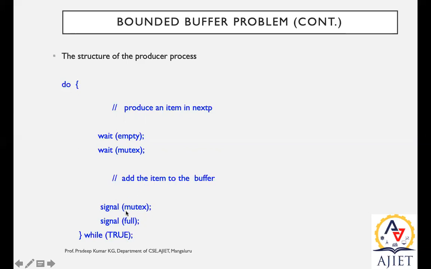Then it is supposed to release the signal on mutex, that is 1. The same thing is supposed to repeat for n number of buffers. Only one producer can produce the data and fill it into the buffer each time. So that is the bounded buffer problem.